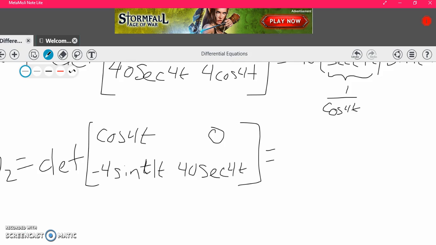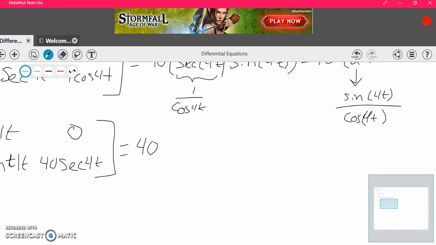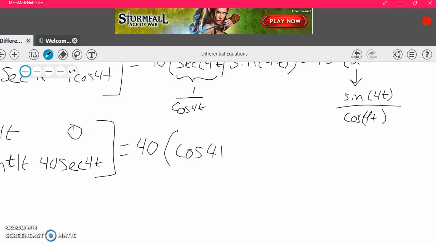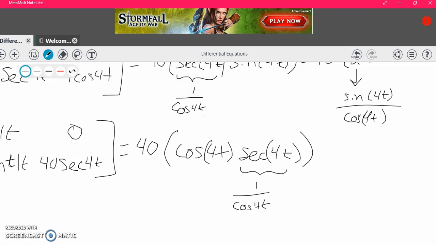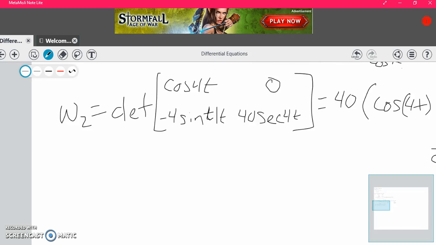So we get 40 times cosine 4t, and that's multiplied by secant 4t. Now remember what I just set up here. Secant is equal to 1 over cosine 4t. So after all that, you just get 40.